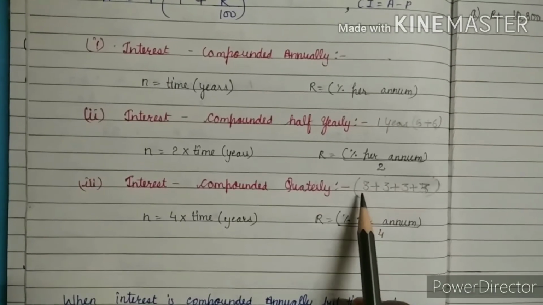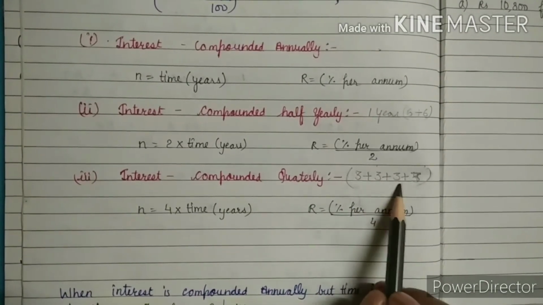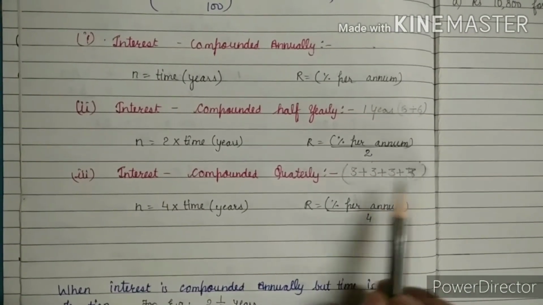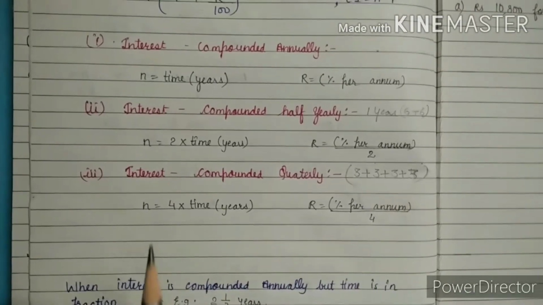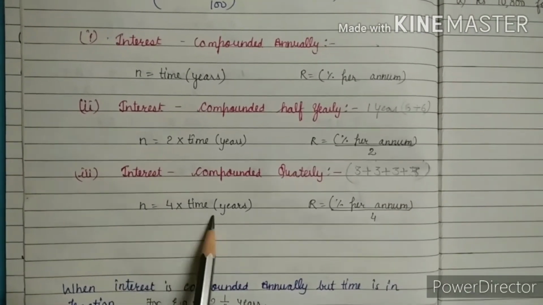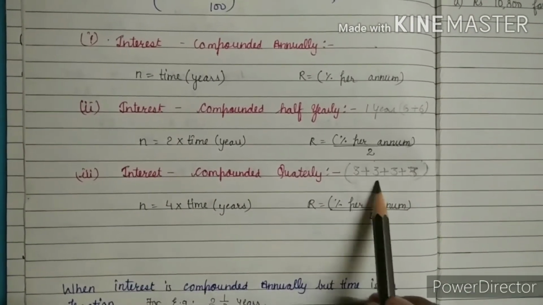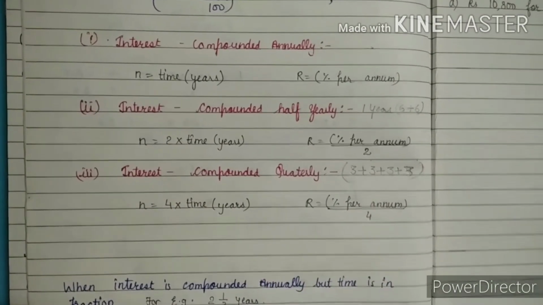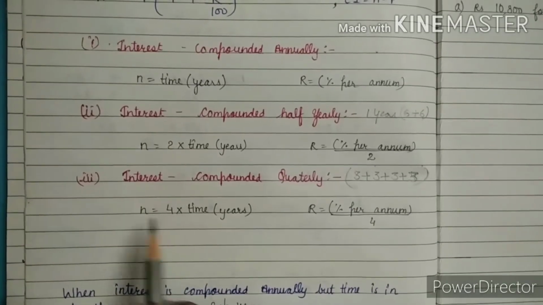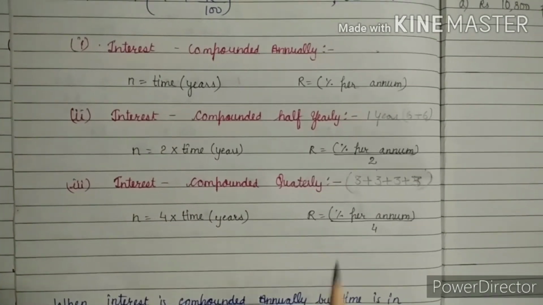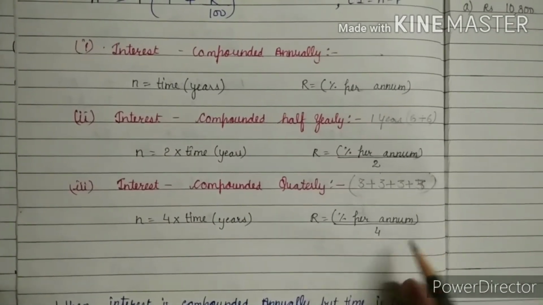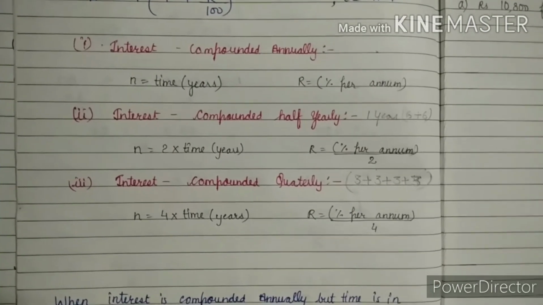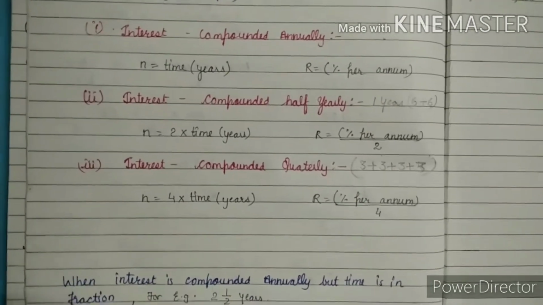That's why the number of quarters is 4, so the time is multiplied by 4, and the rate of interest is divided by 4. Same thing.